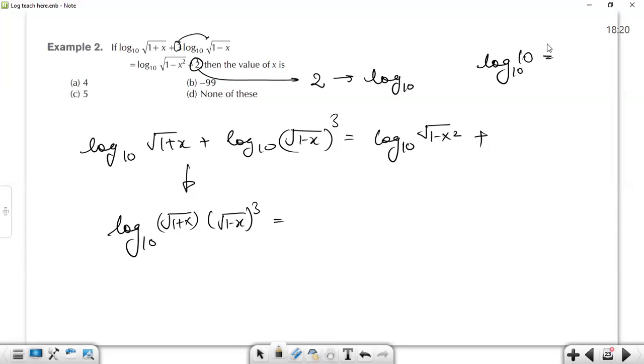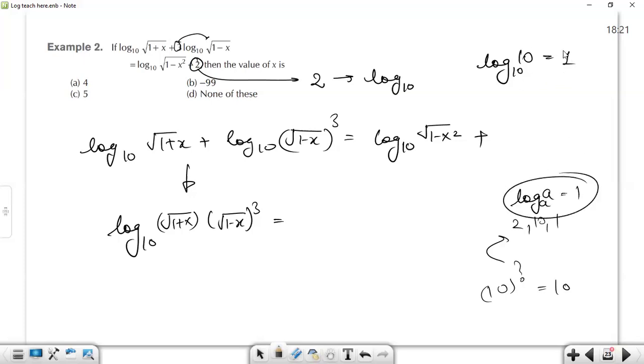To what power should 10 be raised to become 10? Is it 10 again? To what power should 10 be raised to become 10? It's 1. Yes. There's also one property, logarithm of a to the base a is 1.